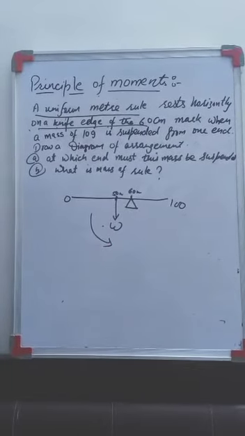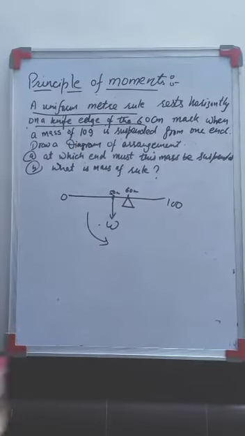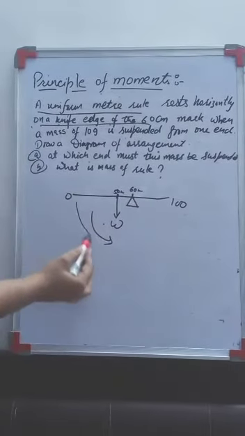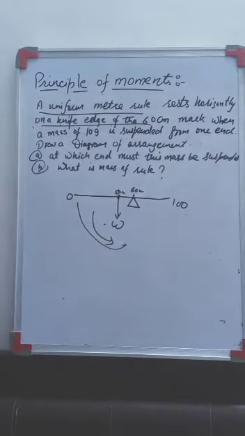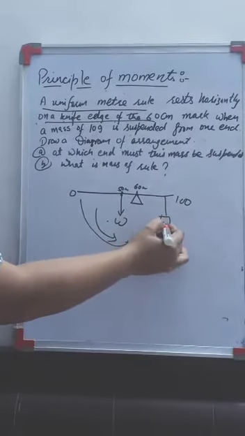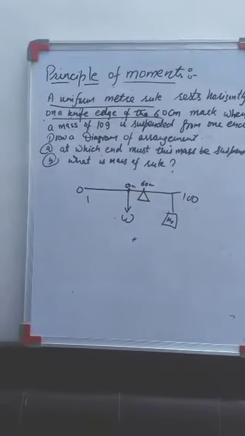To make it horizontal, a mass is suspended from one end. The mass should be here or here. If I put the mass over here, the rotation will also be anti-clockwise. But if I put the mass over here, this anti-clockwise rotation can be balanced.